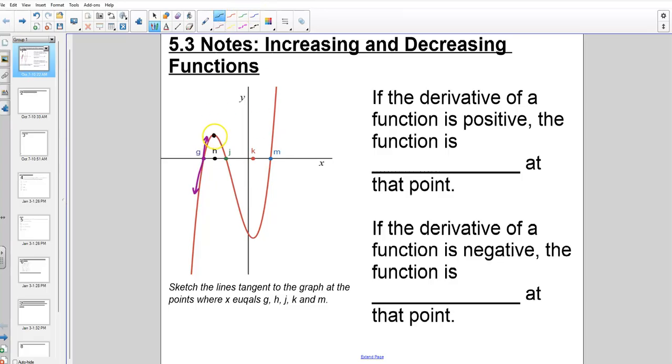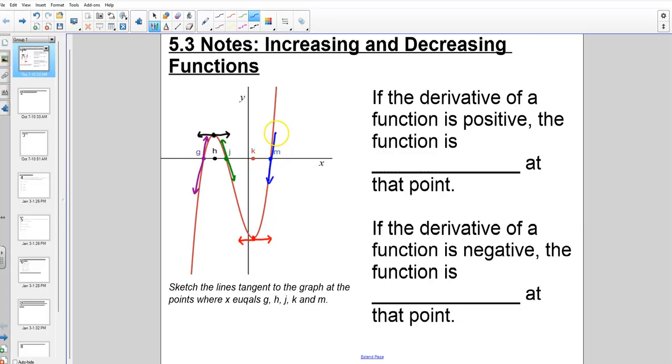At H, that tangent line would look like this. At J, that tangent line would look like this. At K, back down here, and at M over here.